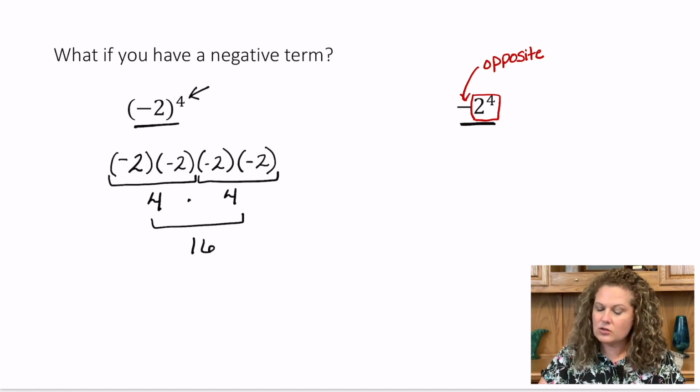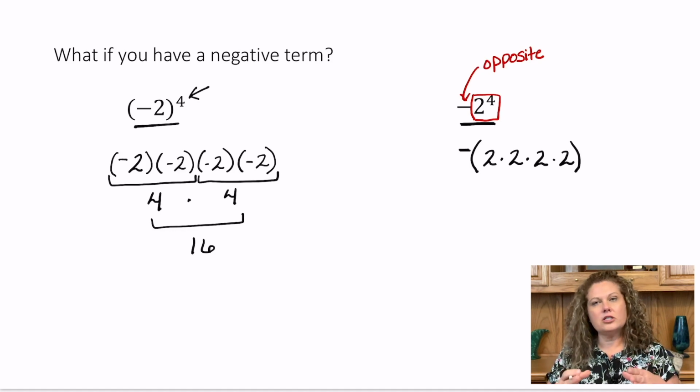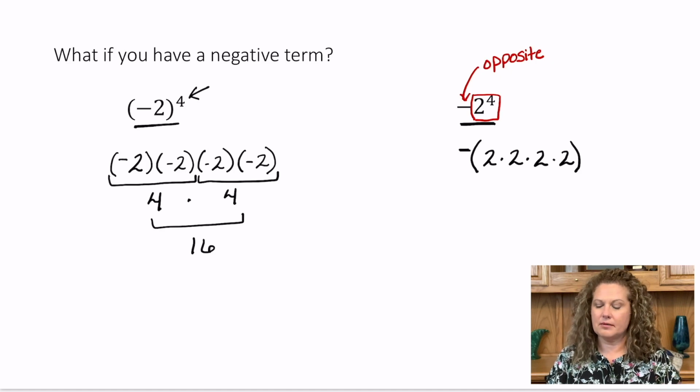So what would this look like as repeated multiplication? So I'm going to hang on to my negative, but notice I'm going to put my repeated multiplication inside the parentheses. I'm going to do that first, and then whatever my answer or my product is, I'm going to apply the negative because that negative means opposite.